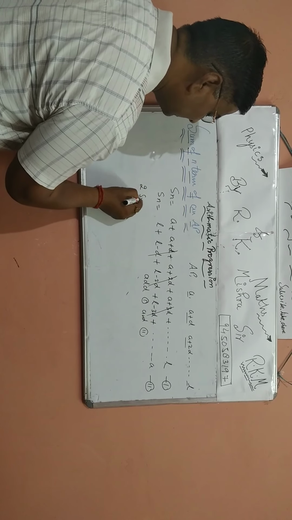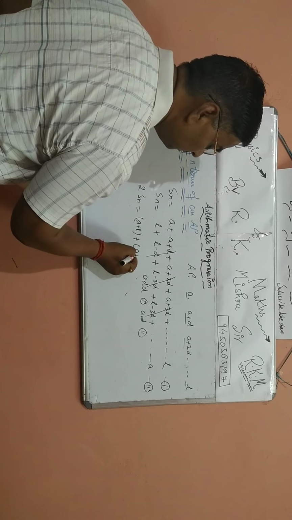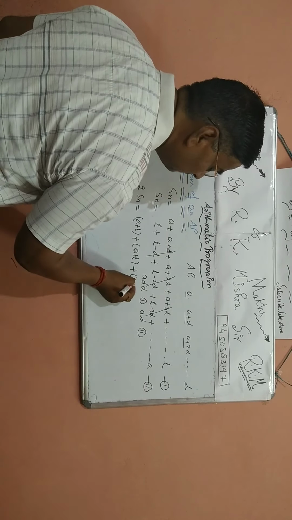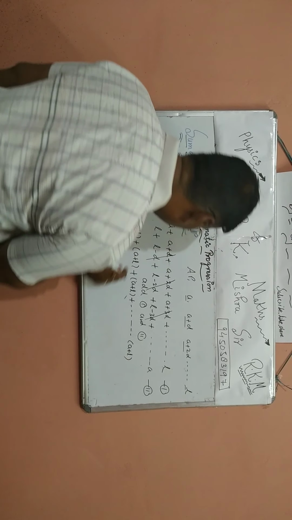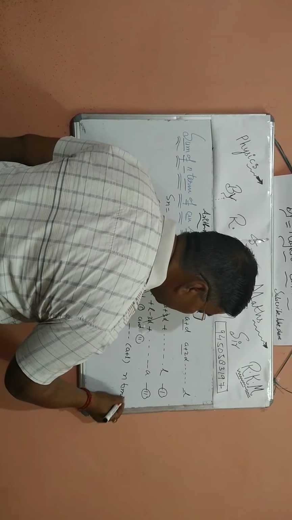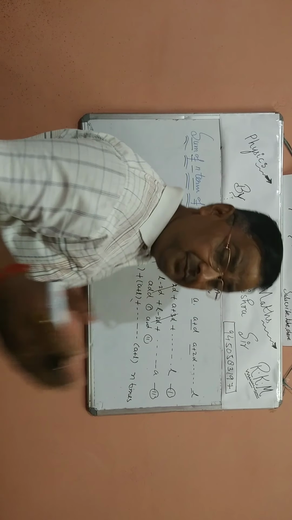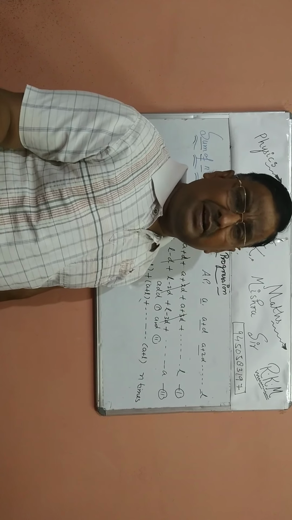So 2Sn is equal to (a plus l) plus (a plus l) plus (a plus l) plus (a plus l). But how many times? n times. And if you want to add n times of any number, then you directly multiply by n.